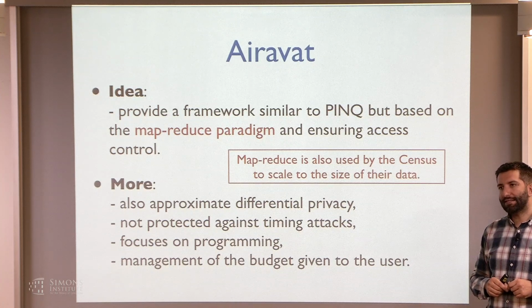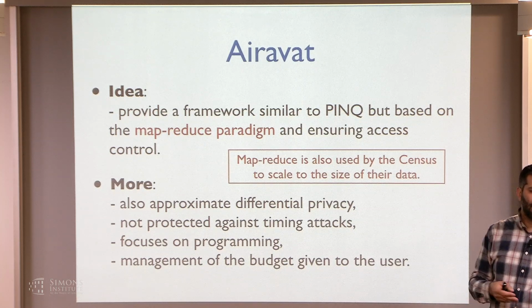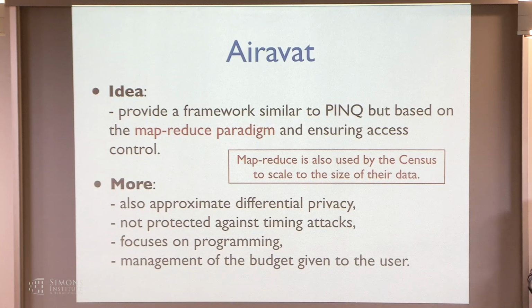The implementation of Pink is subject to this kind of attack. I think we know how to address this kind of issue. We need a runtime that addresses them, but they were never addressed.